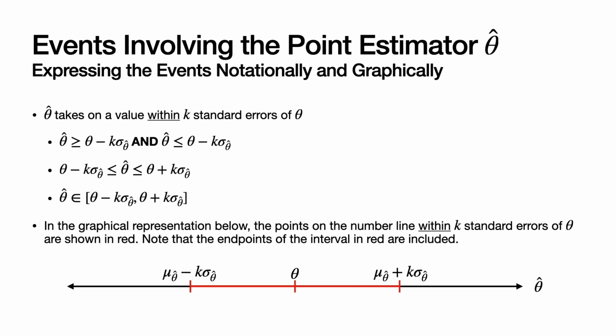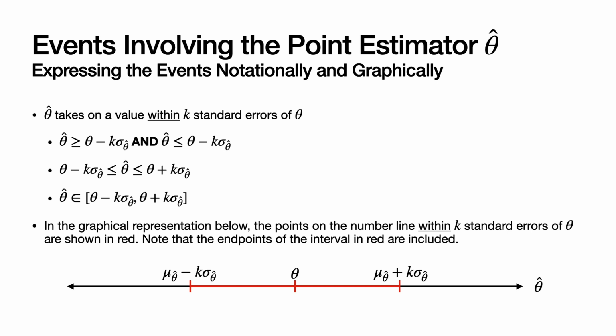The event theta hat takes on a value within k standard errors of theta can be represented notationally in a number of ways. For example, as the representation theta hat is greater than or equal to theta minus k times the standard error of theta hat, and theta hat is less than or equal to theta plus k times the standard error of theta hat.